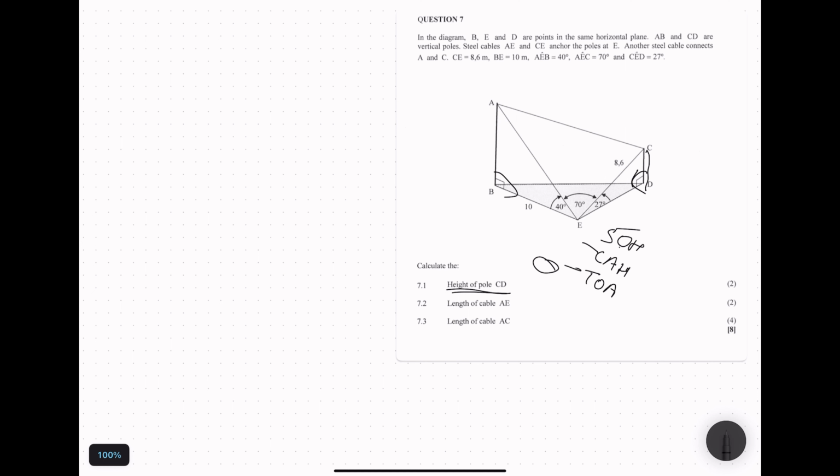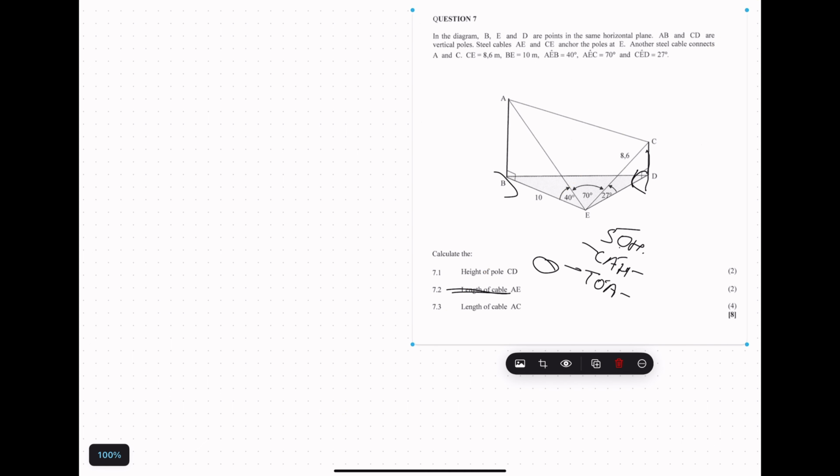This simply means sine, cos, tan: opposite over hypotenuse, adjacent over hypotenuse, opposite over adjacent, right? Every time you have 90 degrees and they want you to calculate the length, just use this. It can be sine, cos, or tan, depending on what you are given. So let's go to the triangle that we are going to calculate.